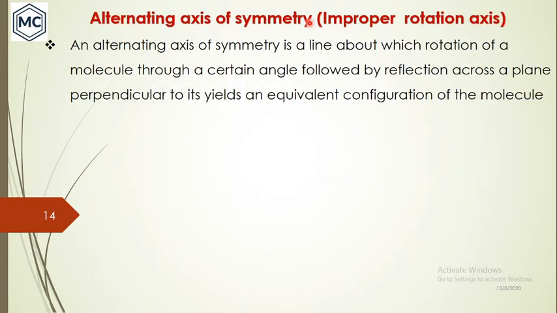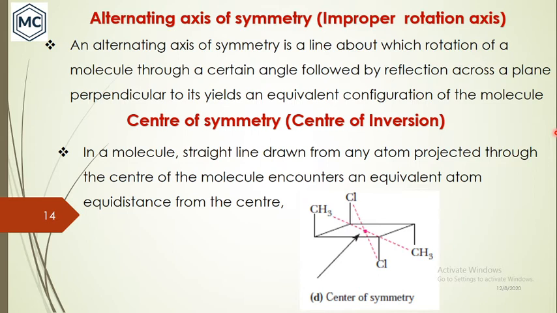The alternating axis of symmetry is a little different. It's a line about which a rotation of the molecule through a certain angle, followed by reflection across a plane perpendicular to it, yields an equivalent configuration. The fourth one is the center of symmetry, or center of inversion.